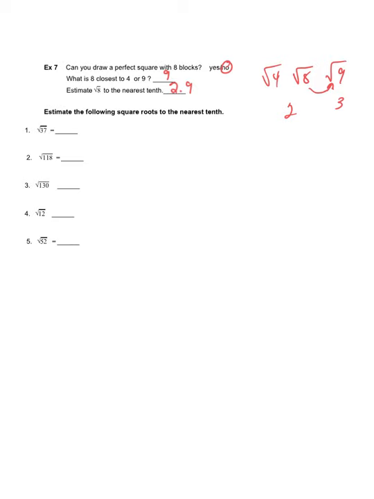Now let's estimate a few. And remember, your answers may vary because we're estimating. The square root of 37 comes between the square root of 36 and the square root of 49, and it's closer to 36.